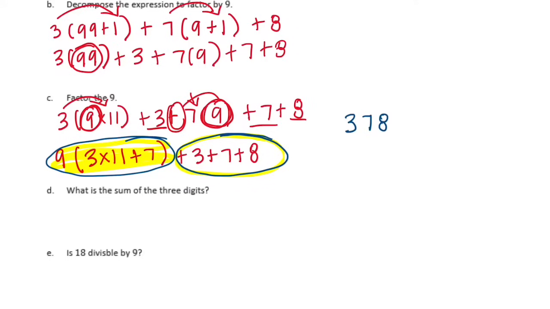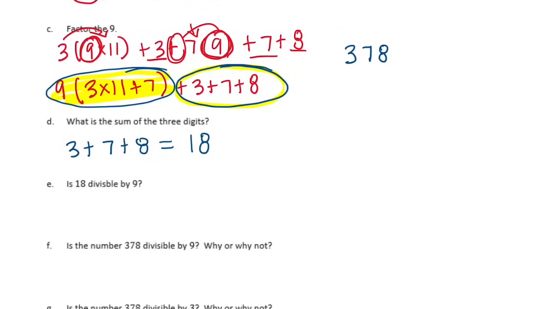So what's the sum of the 3 digits? 3 plus 7 plus 8. 3 plus 7 is 10, plus 8 is 18. So is 18 divisible by 9? Well, 18 divided by 9 is 2, so yes. Is the number 378 divisible by 9?